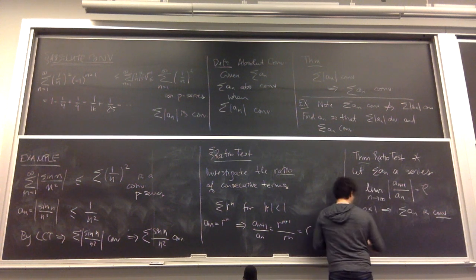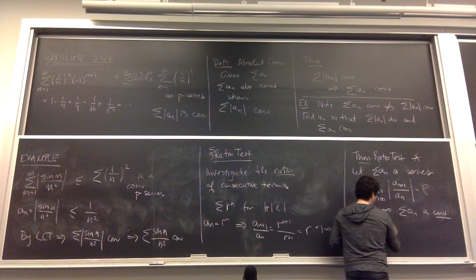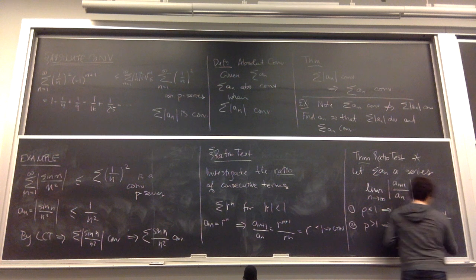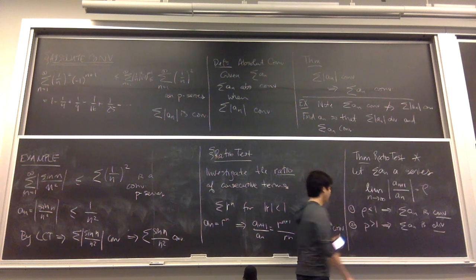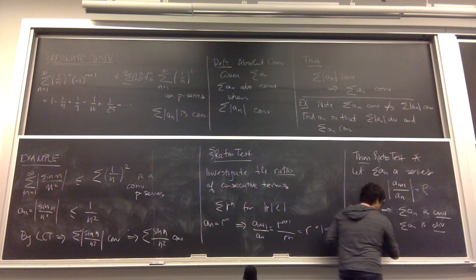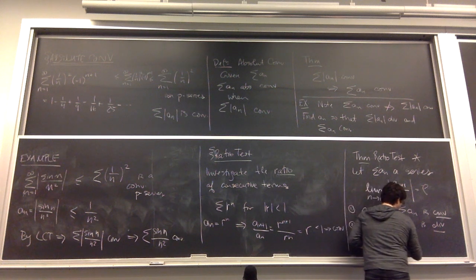If rho is greater than 1, we have the sum is divergent. And if rho is equal to 1, we have inconclusive.